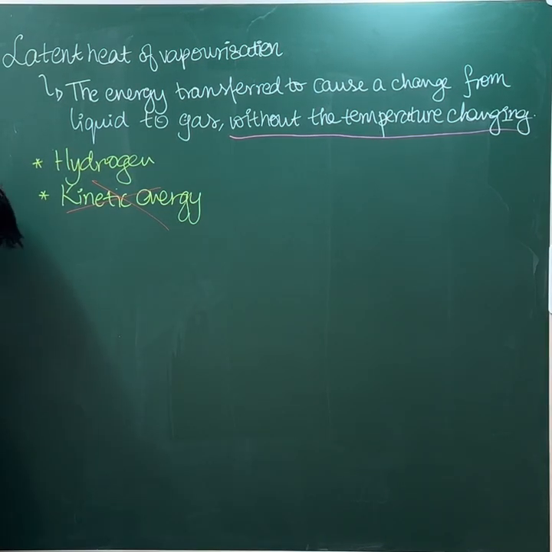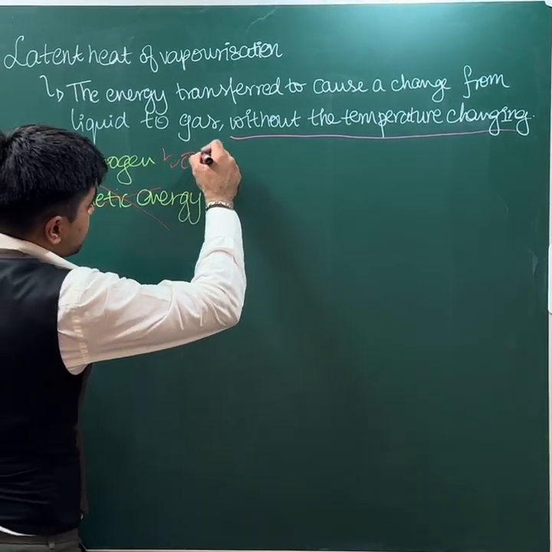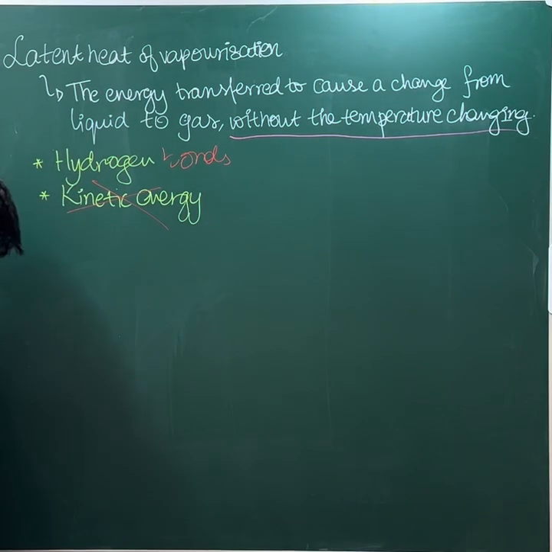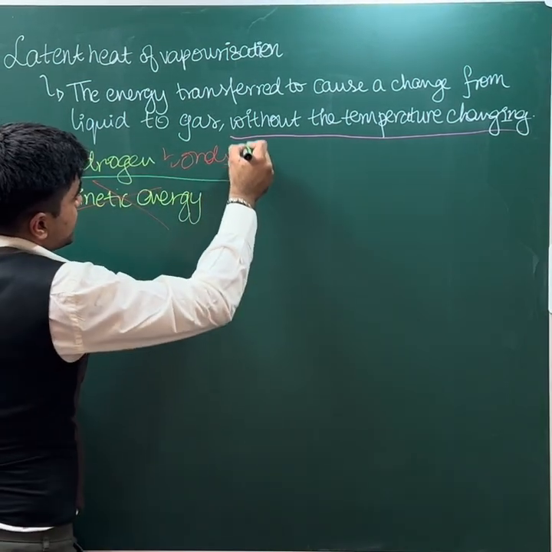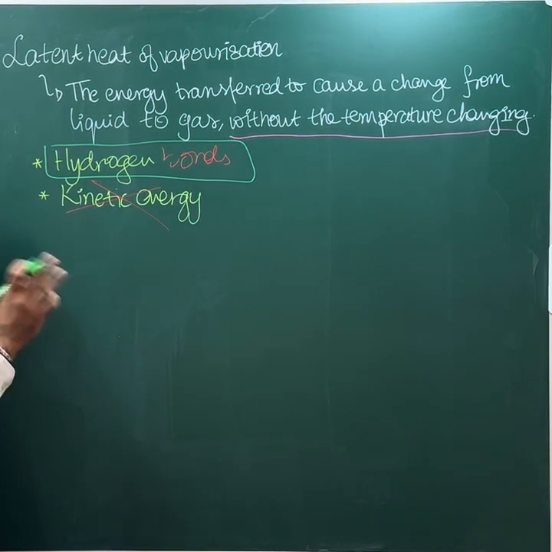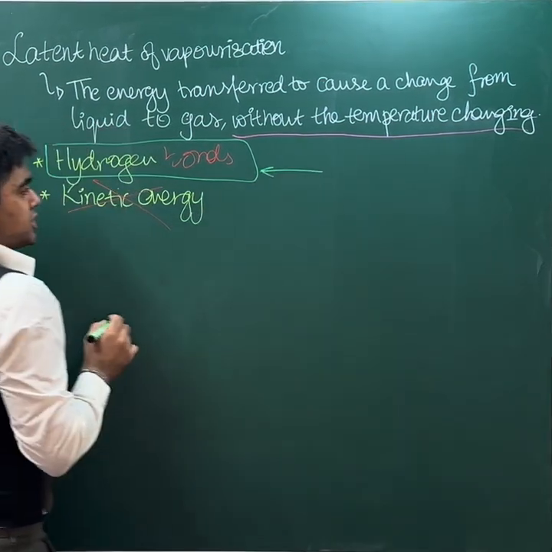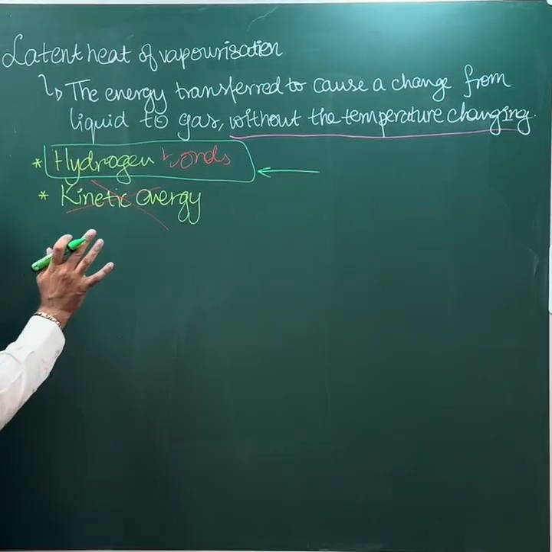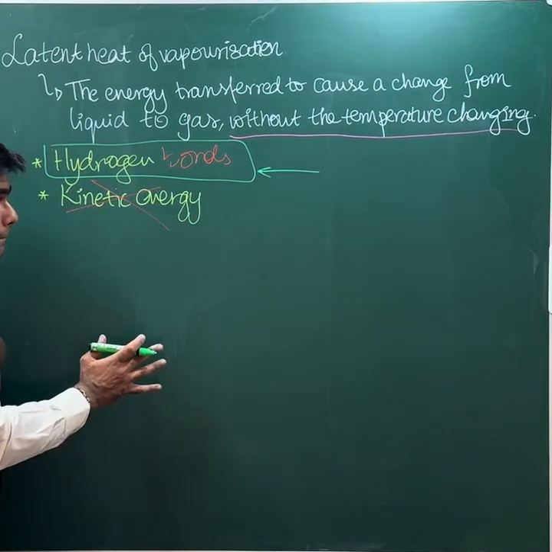Well, the only place it can really go is to our lovely hydrogen bonds. So essentially, latent heat of vaporization is the energy that is provided directly to these hydrogen bonds when the kinetic energy is not changing.